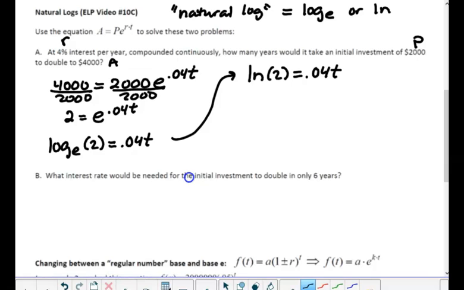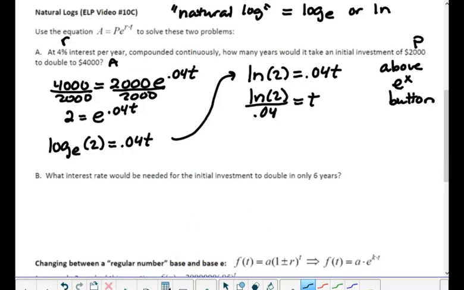There'll be a log button, log base 10, and there'll be an ln button, natural log. On our calculator, you're going to find this above the button that says e to the x. Now, the only thing I have to do to finish solving this is divide by 0.04 and get t.